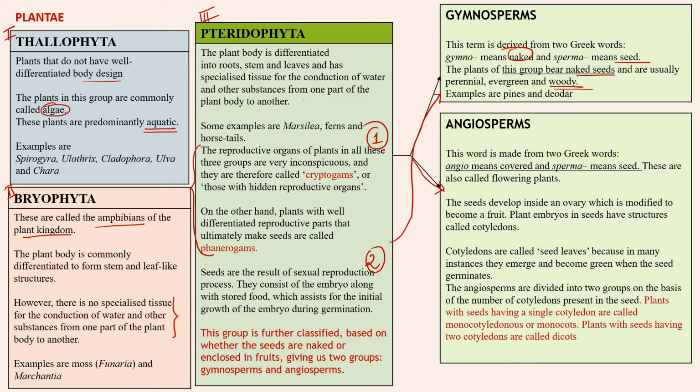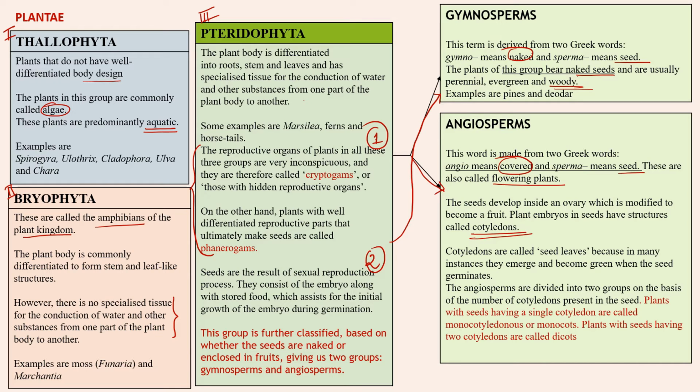Now in angiosperm, angio means covered, and sperma means seed. So this gives us the word angiosperm, that is covered seed. These are also called flowering plants. The seeds develop inside an ovary which is modified to become a fruit. The plant embryos in seeds have structures called cotyledons.